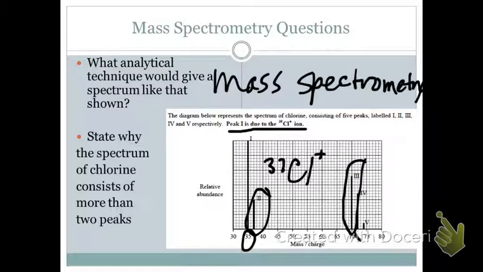At peak 3 you have a mass of 70. So you've got to think, what could cause me to have a mass of 70? Well, if I had 2 chlorine 35s bonded together diatomically, I would get a mass of 70. The answer to the question of why the spectrum of chlorine consists of more than 2 peaks is the presence of isotopes and diatomic molecules.